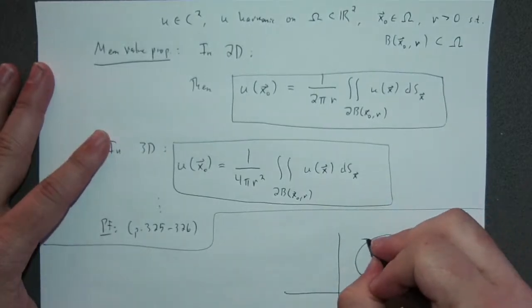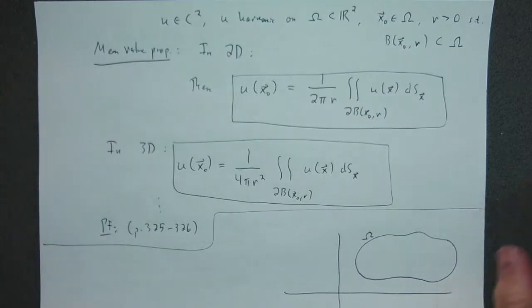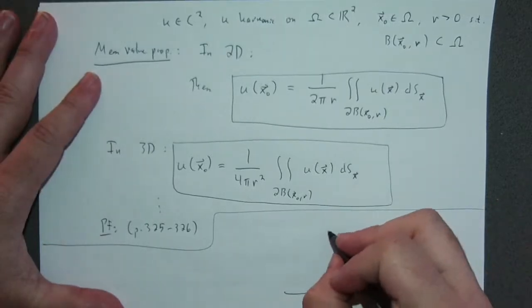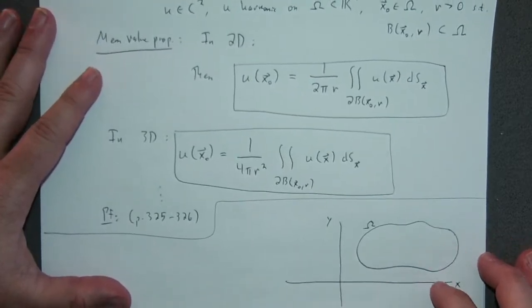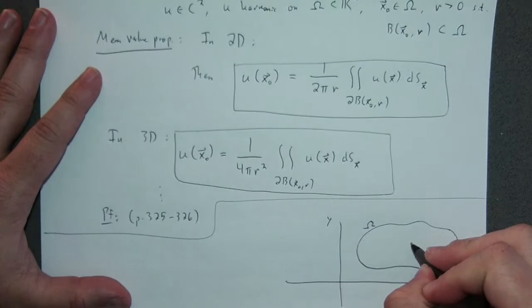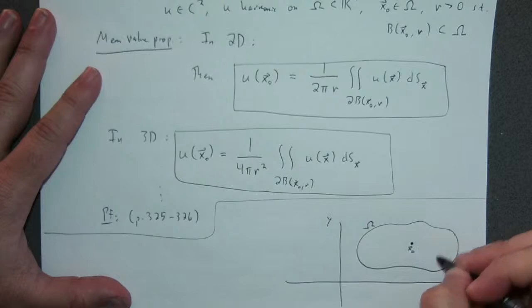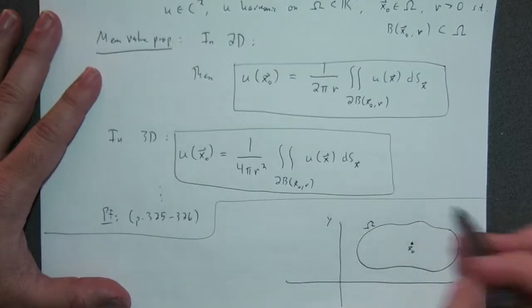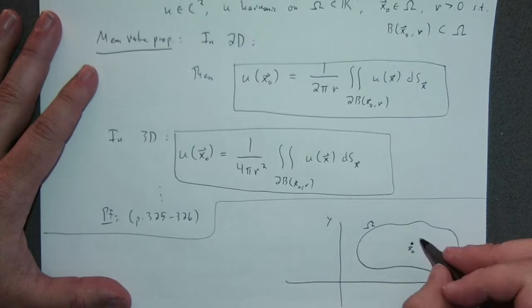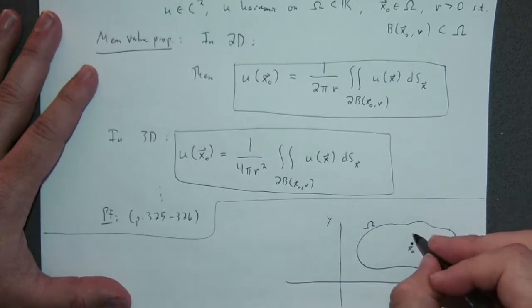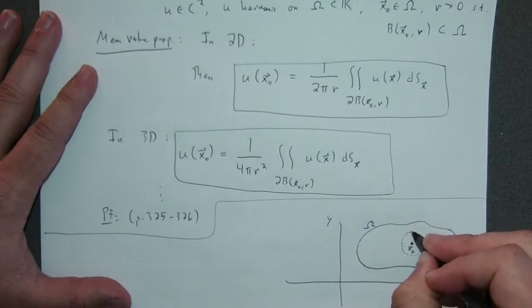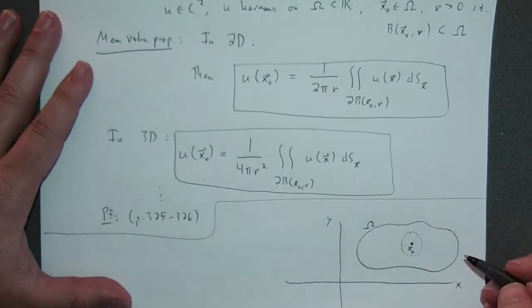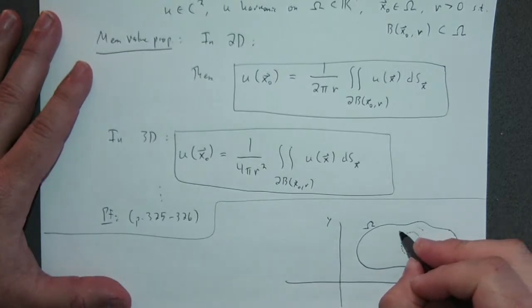So here's my domain, omega, and we'll say that we have a U that is harmonic on this region. Well, then, if I pick this point, x naught, I'm saying that the value of U at this point is equal to its average over any circle centered in that point that fits inside omega.